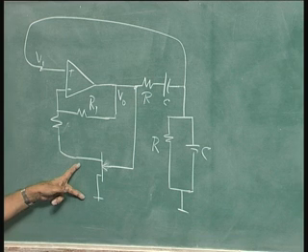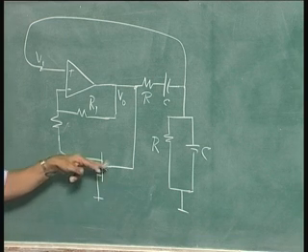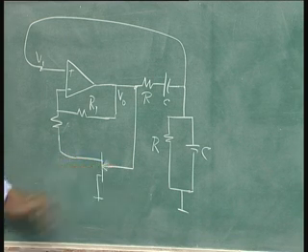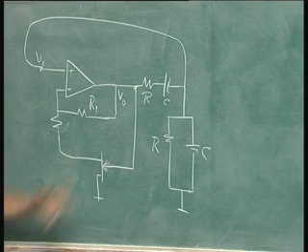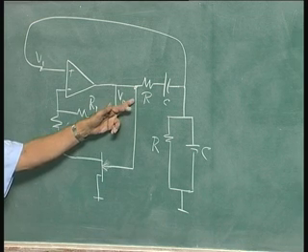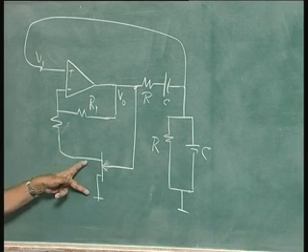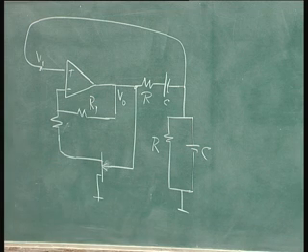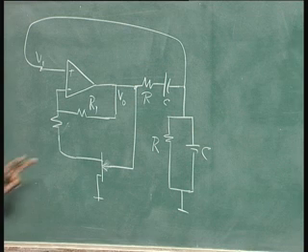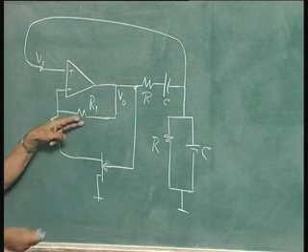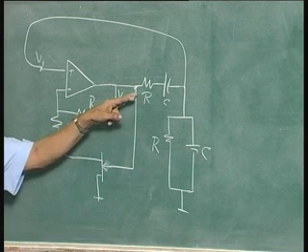So, whatever the output voltage, this will oscillate only when R1 by R2 is equal to 2. That is, only when the total value becomes half of that. If the output goes up, what happens?